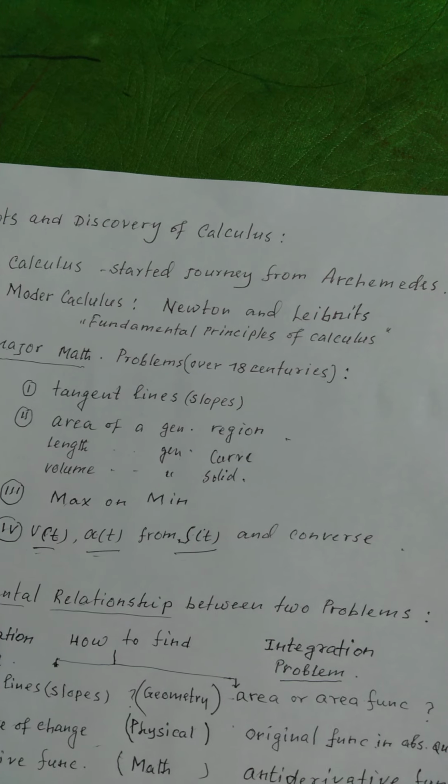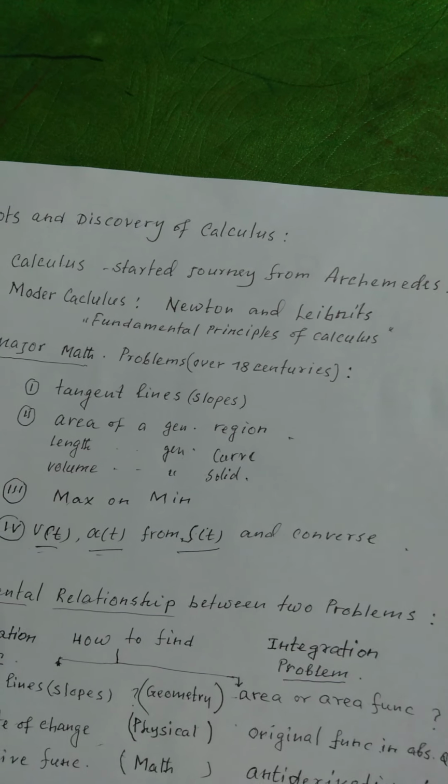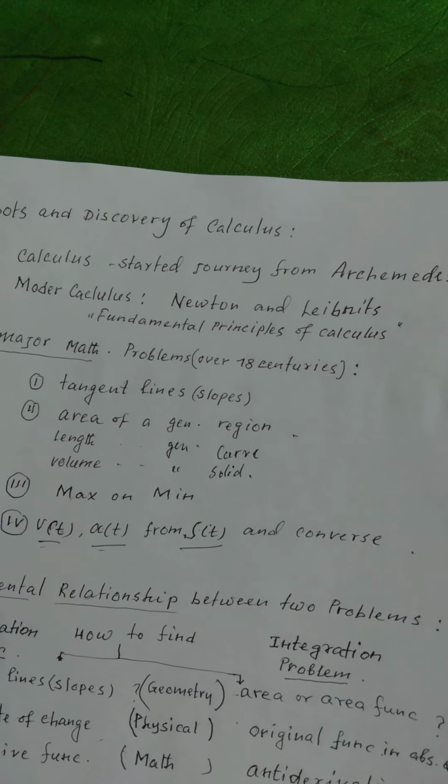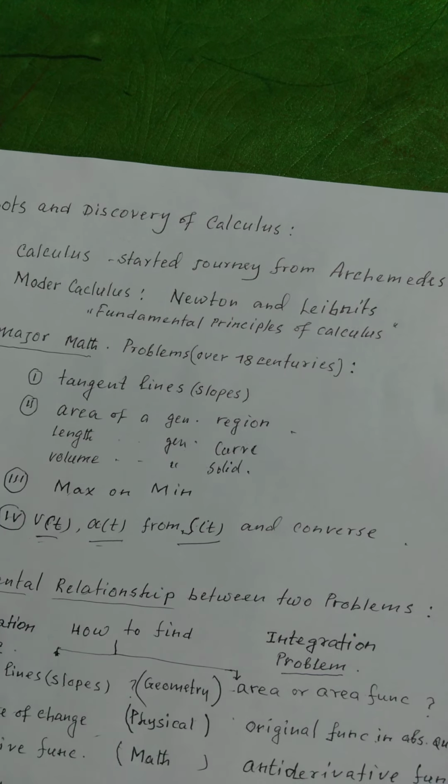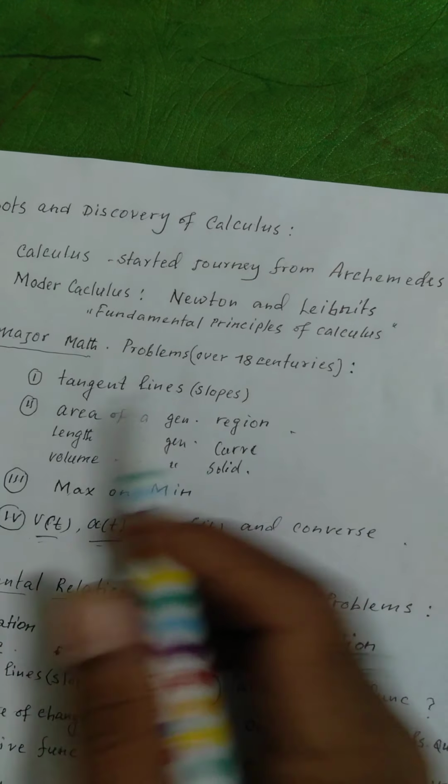These four major mathematical problems were undiscovered over the centuries. They didn't know how to solve these problems.